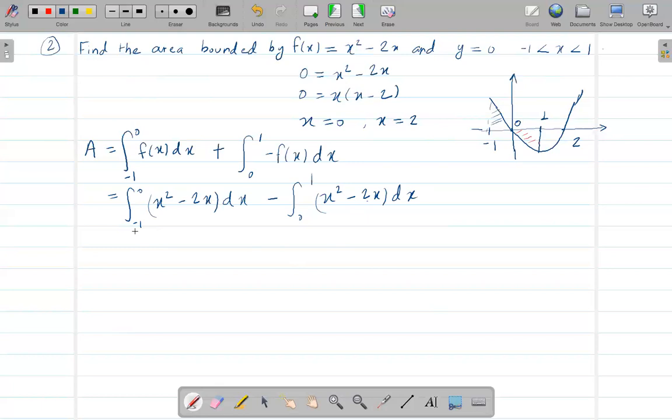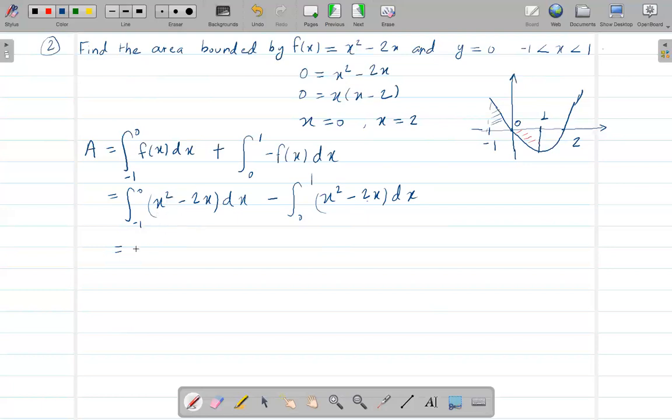Since these two have different intervals, this one from -1 to 0 and this one from 0 to 1, I cannot combine them right now. So let's just take the integral of each separately.